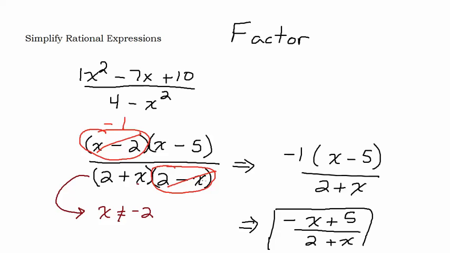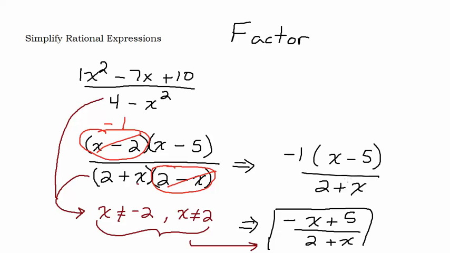And I look at my other factor, even though it got canceled, you need to consider it because of the original problem. I don't want x to be a positive 2, because a positive 2 would make this factor 0. And if you go back to the original problem, you see if you plugged in 2 or negative 2 for x, it would make the denominator 0, which is bad. Okay, so this might be part of your answer, depending on what the directions say.